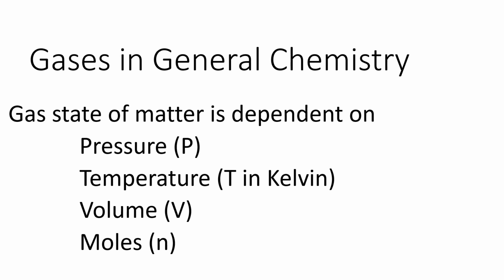The gas behavior will depend on the temperature in units of Kelvin. Gases also occupy the volume of the container they are in. And of course, the amount of gas is important. Here we'll be using moles to report the amount of gas present. And all these properties are related in various gas laws, which we'll get into next.